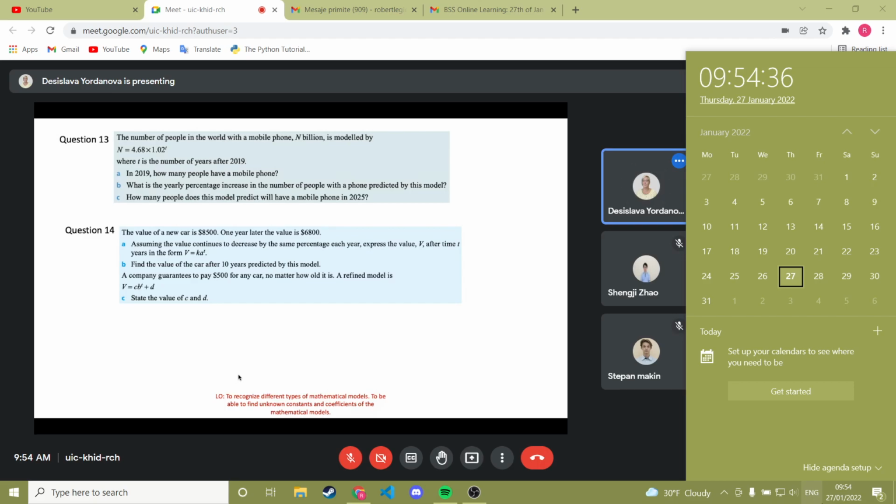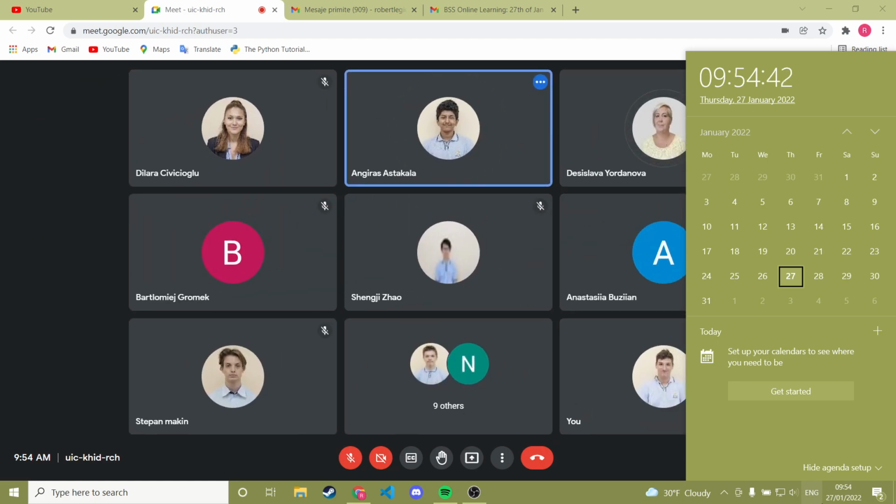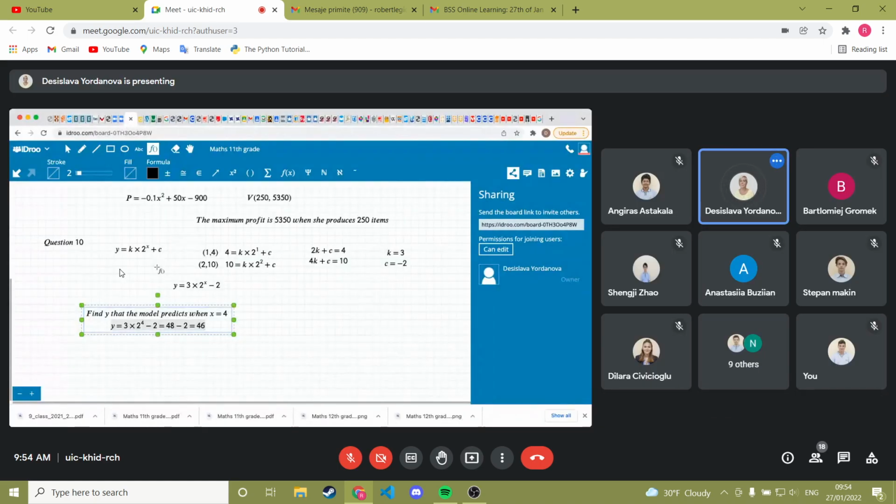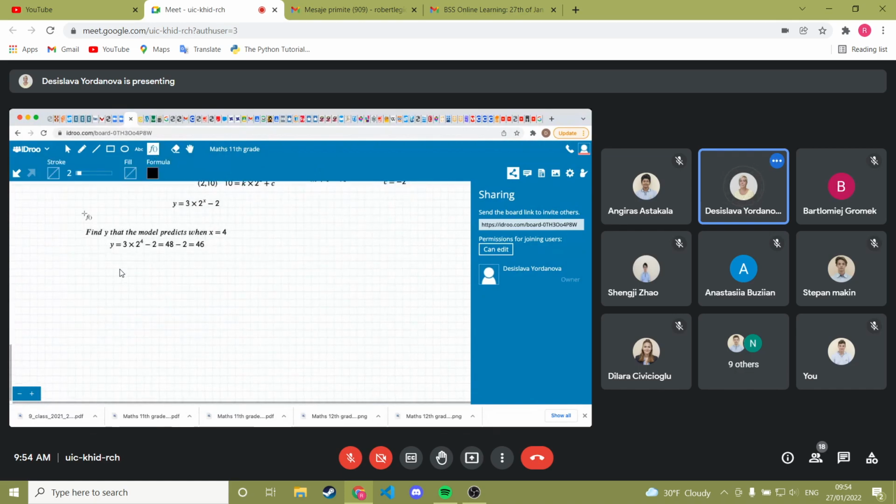It's not the same. The new model is V equals C times b to the power of t plus 500.